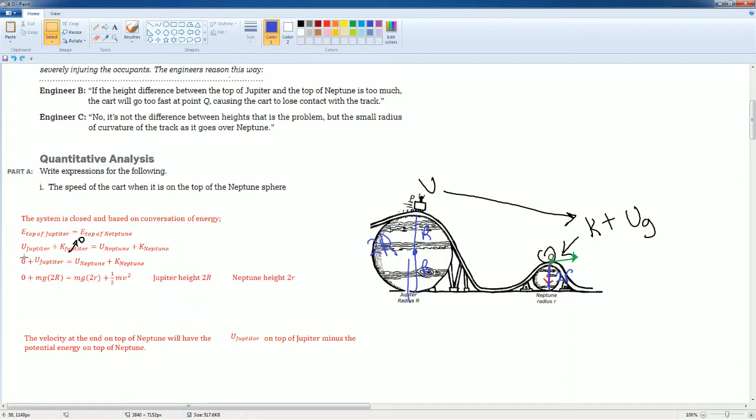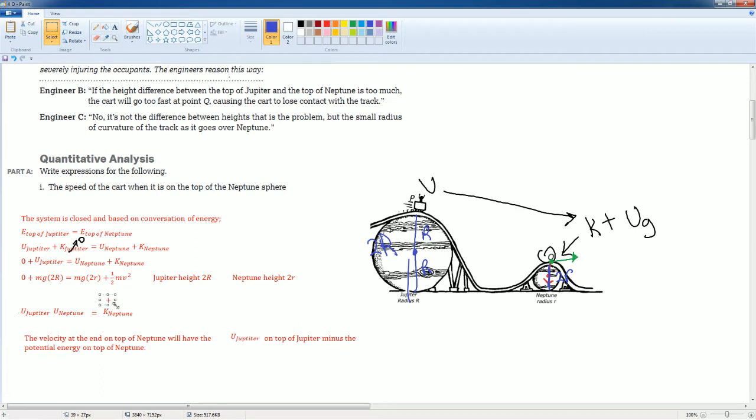If you want to see that using this equation, look. The 0 goes away, and you're going to subtract the Neptune here. So it's going to be U of Jupiter minus U of Neptune. That's going to be equal to the kinetic energy of Neptune.